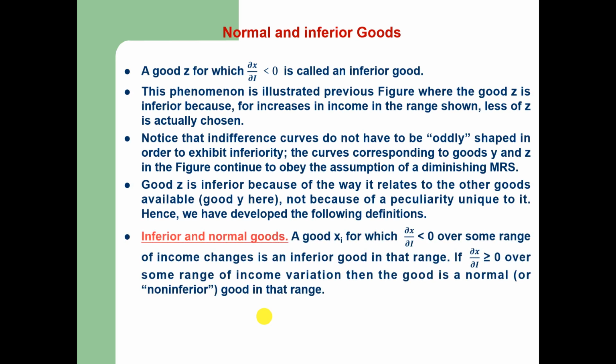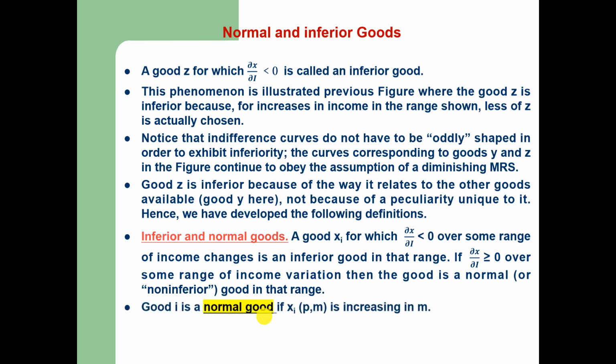Hence, we have developed the following definitions. Inferior and normal goods can be defined in this way. A good xi for which the partial of x with respect to income is negative for some range of income changes is an inferior good in that range. If the partial of x with respect to income is non-negative, that is greater than or equal to 0, for some range of income variation, then the good is a normal or non-inferior good in that range.